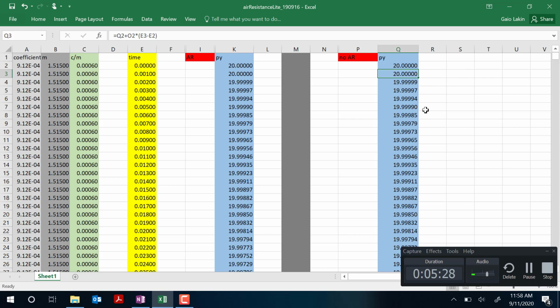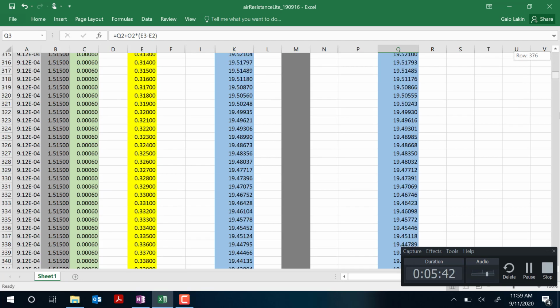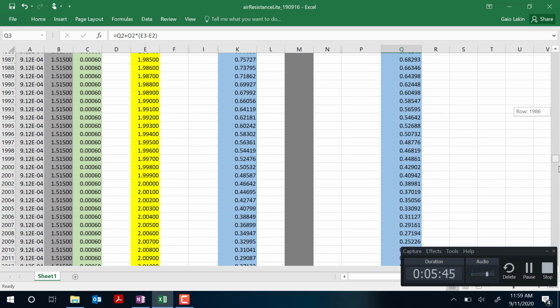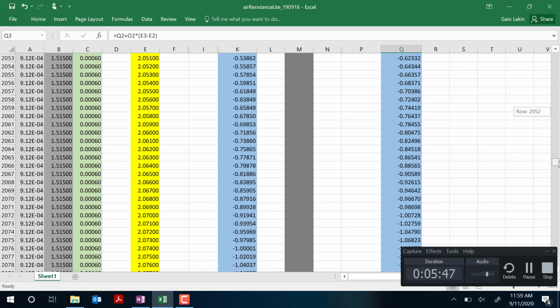And so now I'm going to scroll down to see how long it would take to hit the ground without air resistance. I'm going to scroll down until the no air resistance column goes from a positive height to a negative height, and then I'm going to look at what time that is. So keep scrolling down, and there it is.